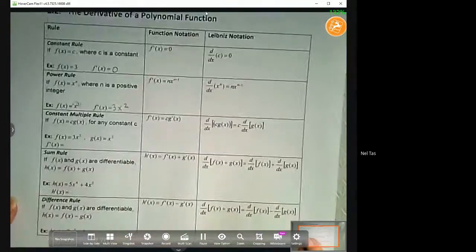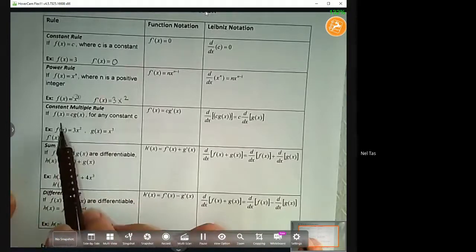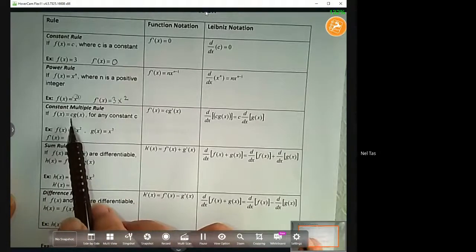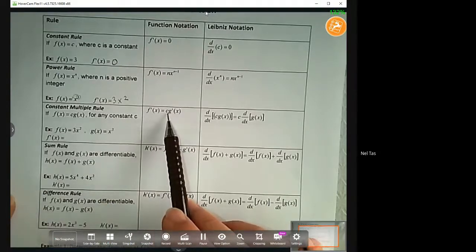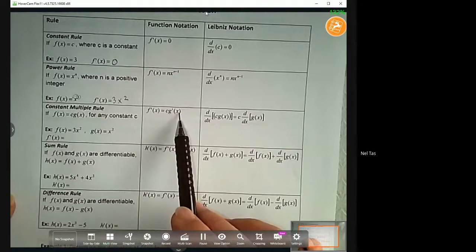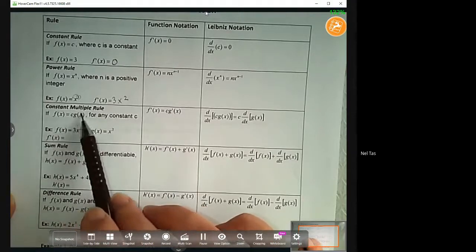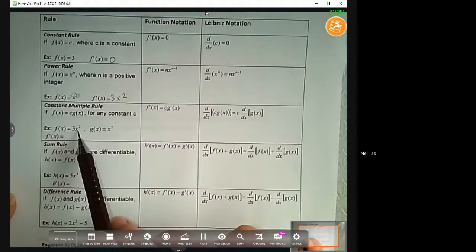So next rule is constant multiple rule. If you have f of x equals c times g of x, the derivative of it will be c times, so you keep the constant, g prime. So you take the derivative of g. So let's say we have f of x equals 3x squared.